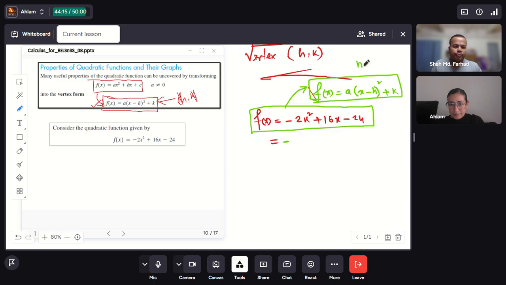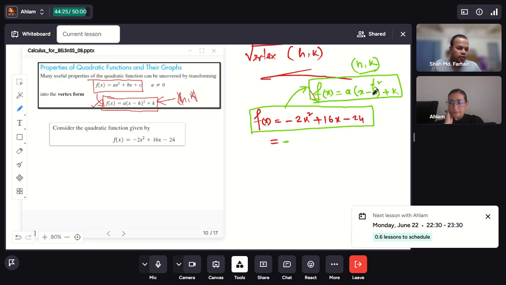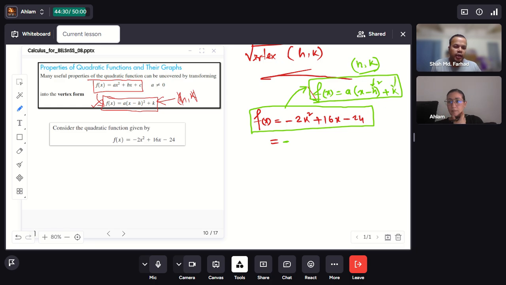Comparing with this function, h will be the value in x minus something, and then k. So these two values will be considered for finding the vertex point.